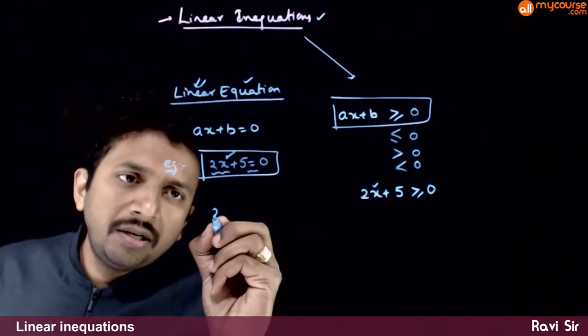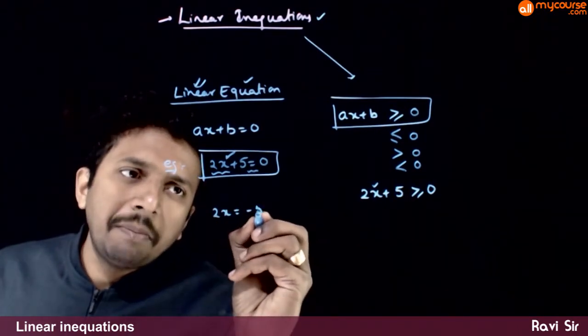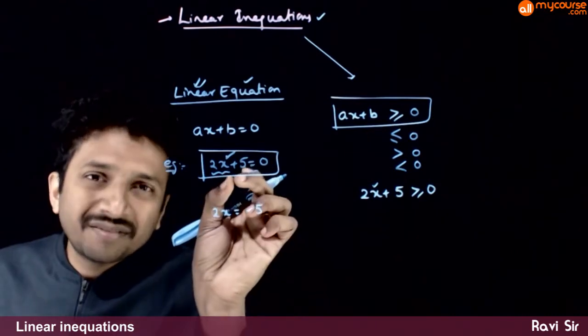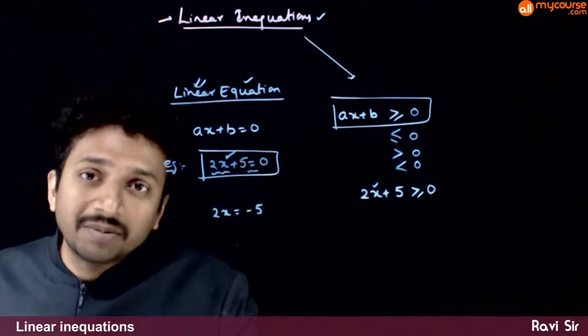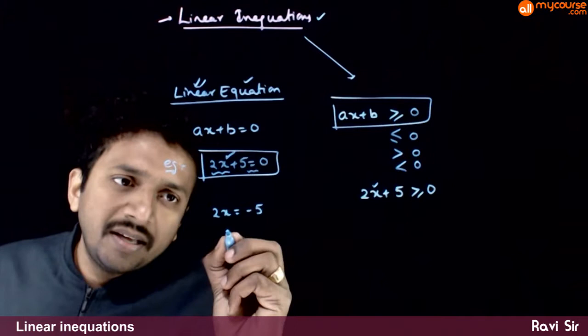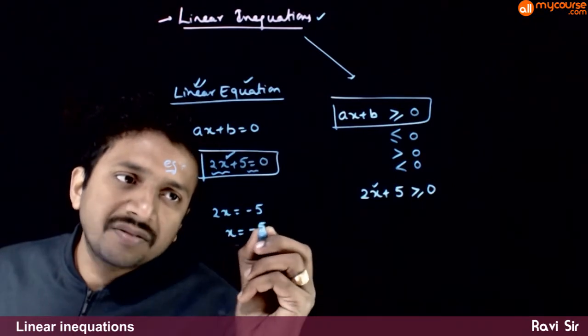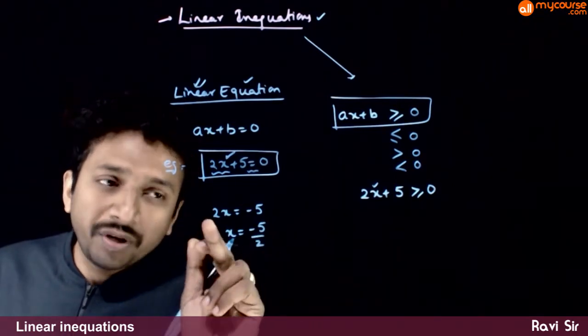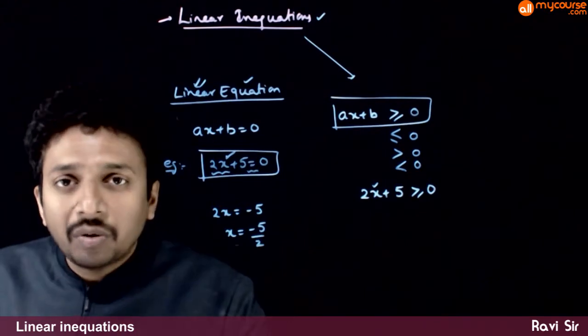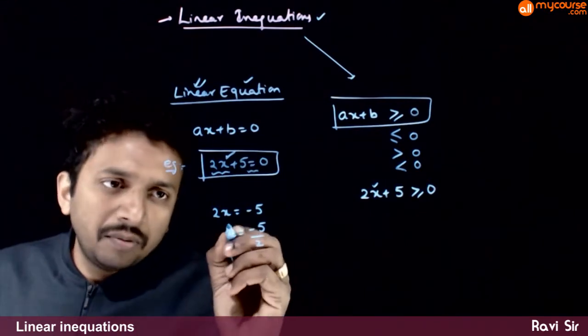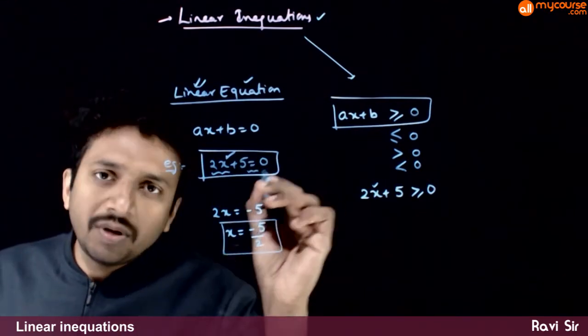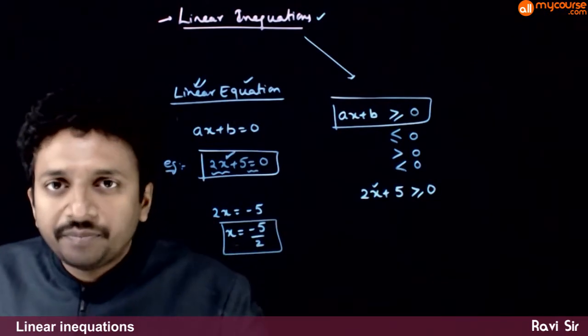That is, 2x is equal to minus 5. This plus 5, if it goes onto that side, becomes minus 5. And x is equal to minus 5 by 2. This 2, if it goes onto this side, becomes 1 by 2. So the solution of this equation is x is equal to minus 5 by 2.